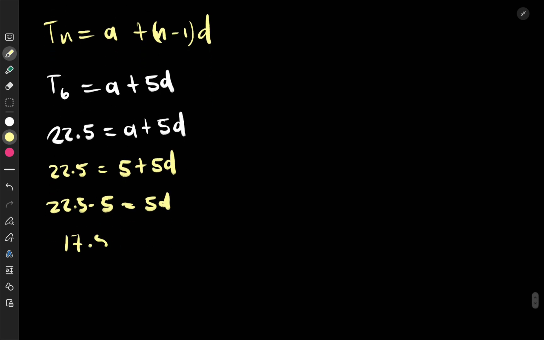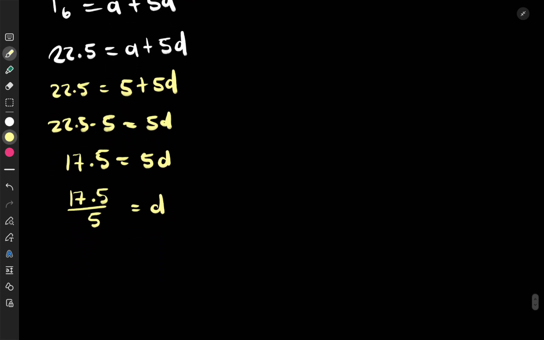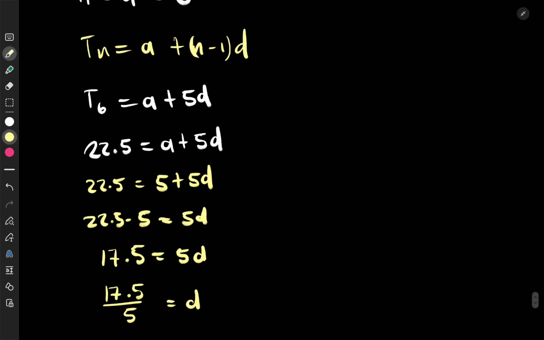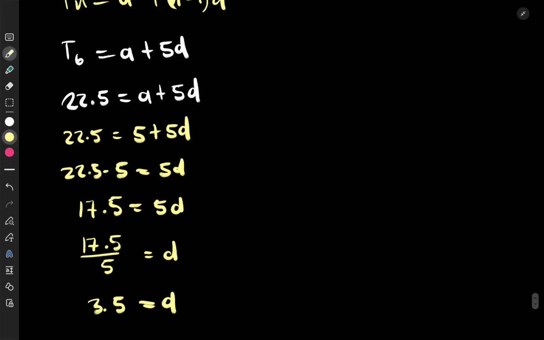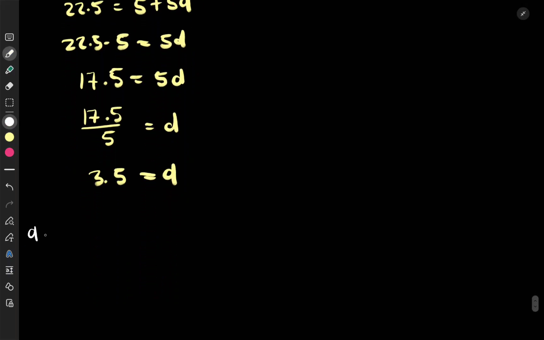So 17.5 is equal to 5D, and D will be 17.5 over 5. 17.5 divided by 5, I'll get 3.5 equal to D. So I now know my D is 3.5 and my A is 5.